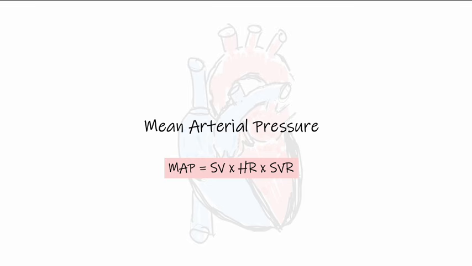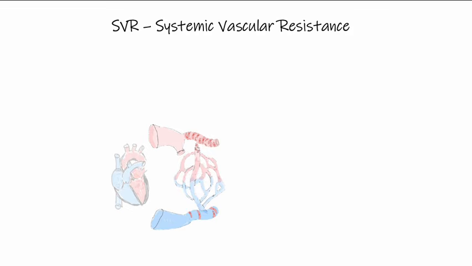We've already talked about stroke volume and heart rate. So now we need to define SVR, or systemic vascular resistance. Another term you'll hear used for this is afterload. So afterload and systemic vascular resistance are exactly the same thing.